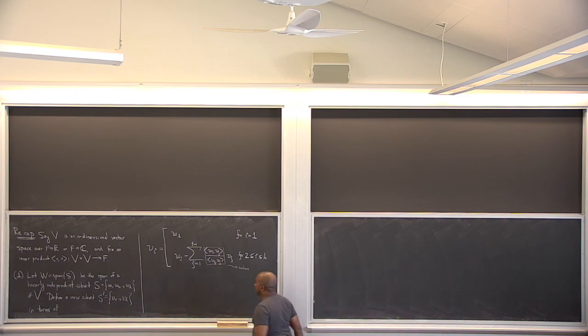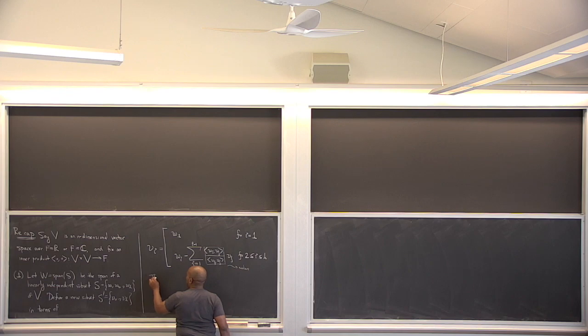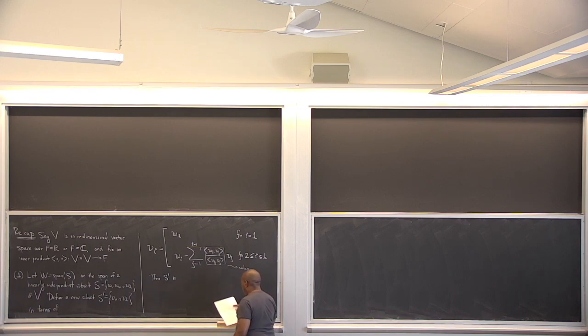So then the statement is S prime is an orthogonal set of non-zero vectors.